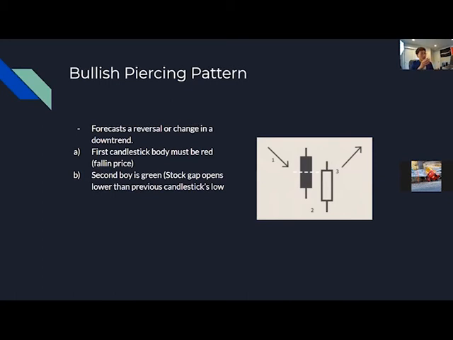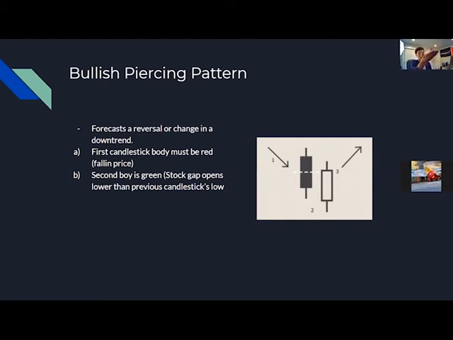As you can see here, this is the opposite of the dark cloud cover, right? At around the midsection of the black or red candle, the stock closes at around the midsection of it. So what does this suggest? It might suggest, just like the dark cloud cover, a reversal or change in the downtrend, except the exact opposite.